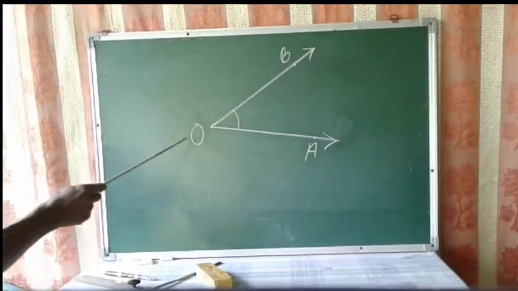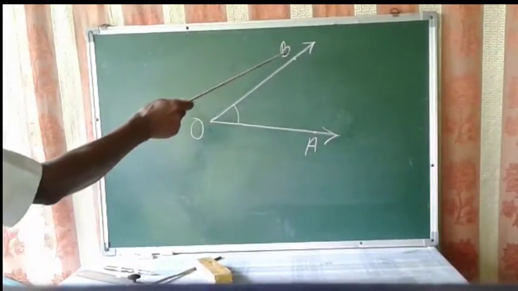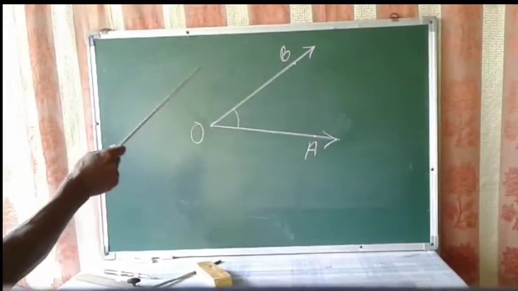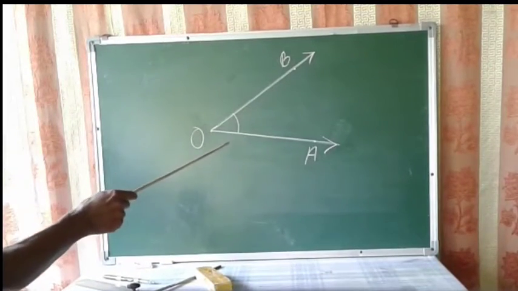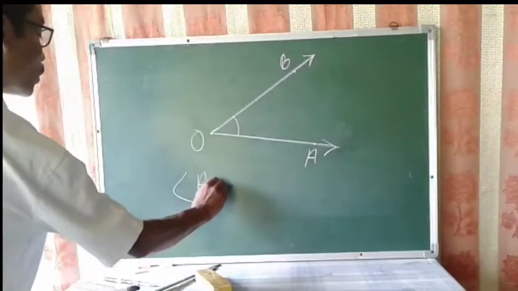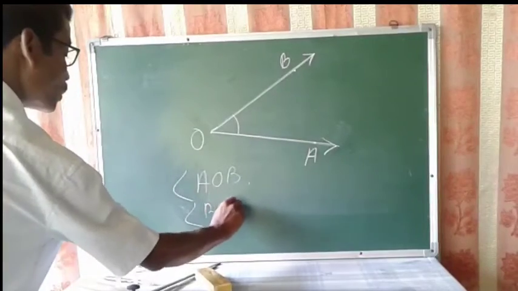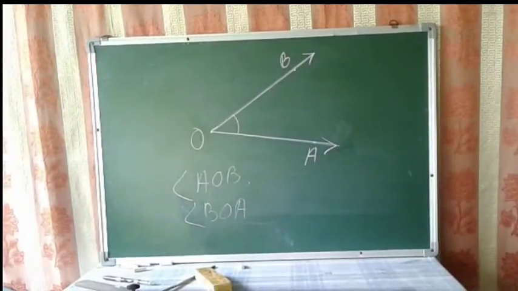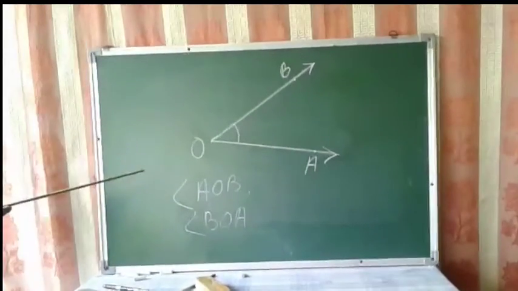Here, rays OA and OB having the same initial point O form an angle denoted by angle AOB or BOA. OA and OB are the arms of the angle.